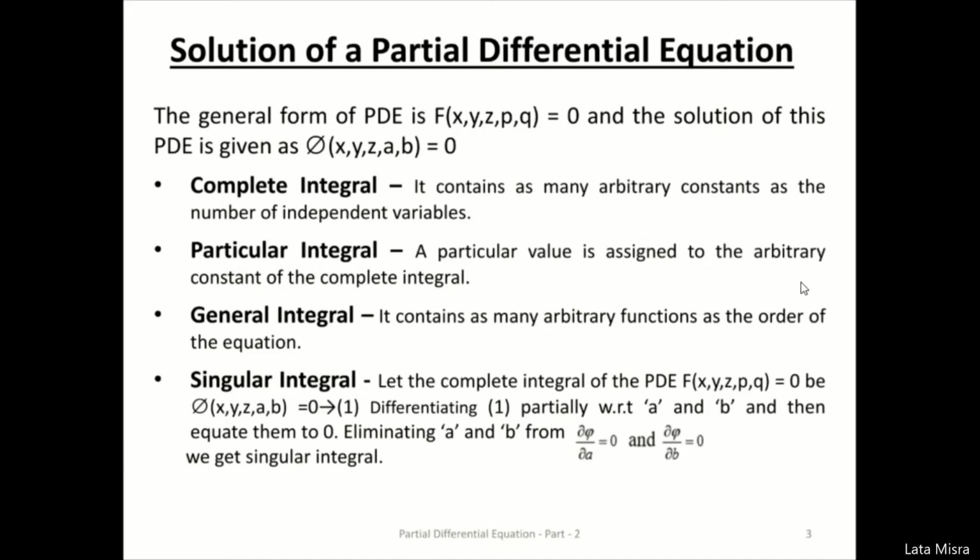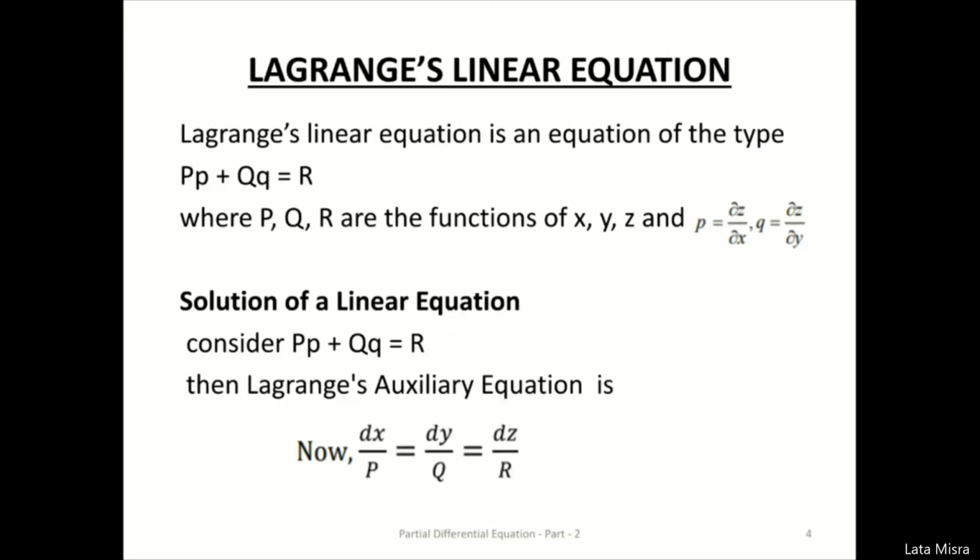Now let's see how we find the solution of a linear partial differential equation. If the partial differential equation is of the form Pp + Qq = R, then it is known as Lagrange's linear partial differential equation. Here P, Q, R are functions of x, y and z.